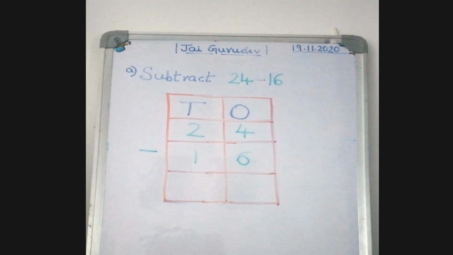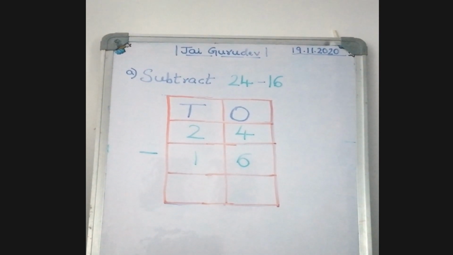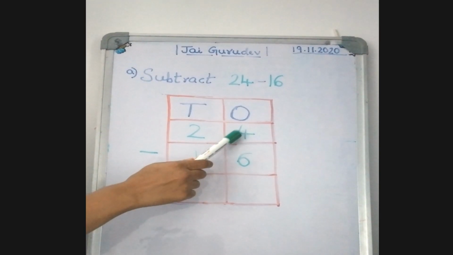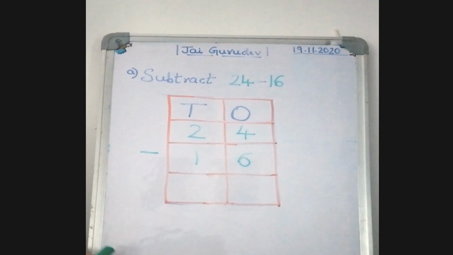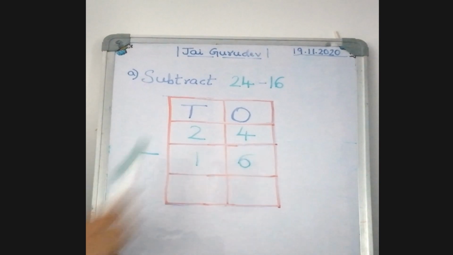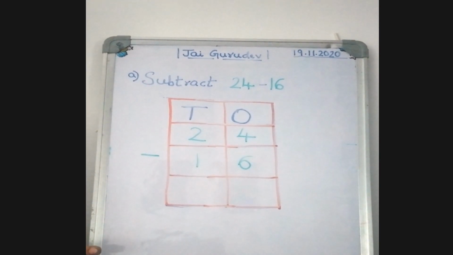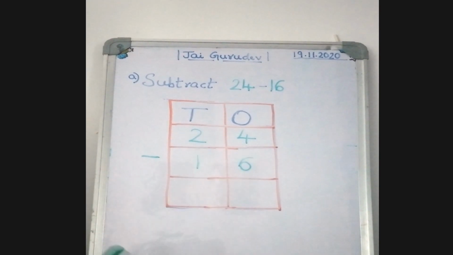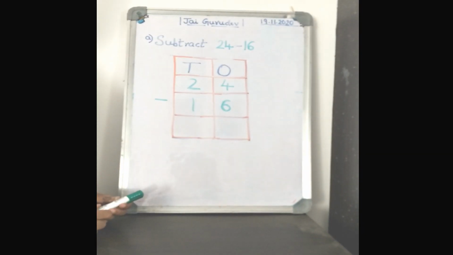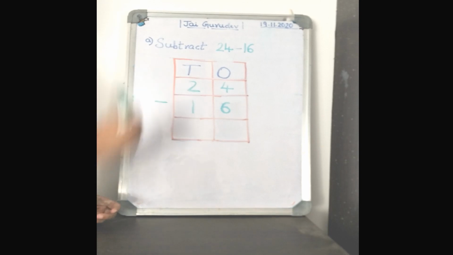We have to always start to subtract from, correct, ones place. Now here we know 4 is on top and 6 is at the bottom. Now tell me here, which is the smaller number? Correct, it is 4. And which is the bigger number? It is 6.